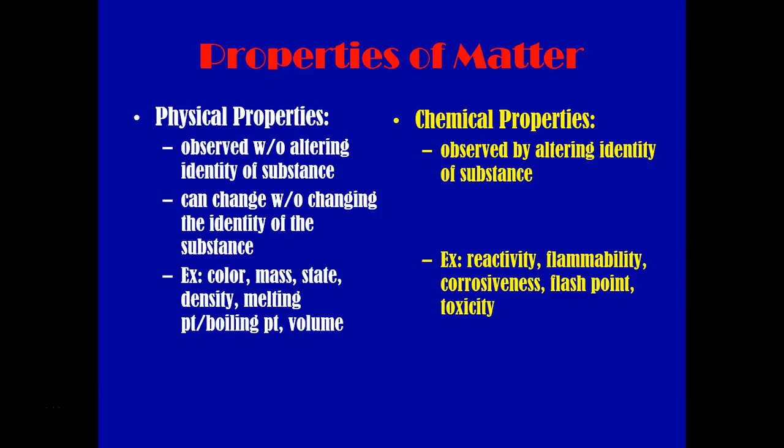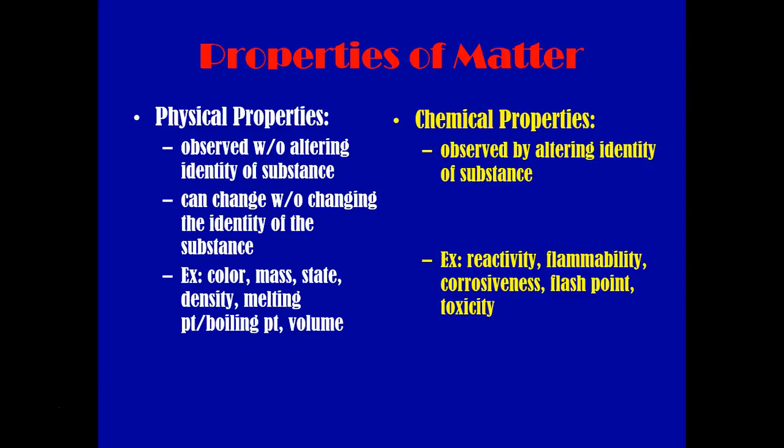So we're not altering a substance by melting it or boiling it, and that means the melting point or the boiling point is just a physical property. The melting point is the temperature at which something melts. Boiling point is the temperature at which it boils. And then volume, of course, you can directly measure volume without changing the substance or reacting the substance with something else.